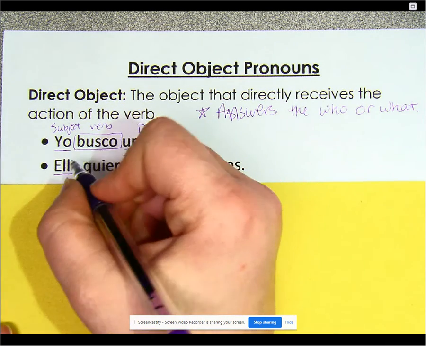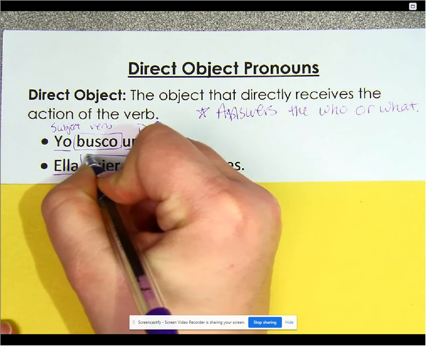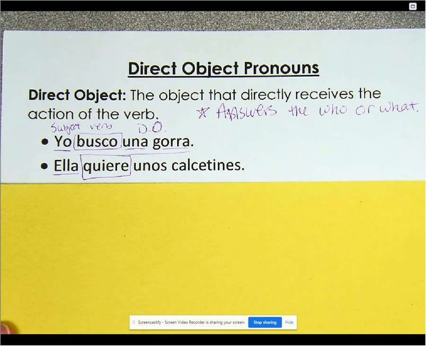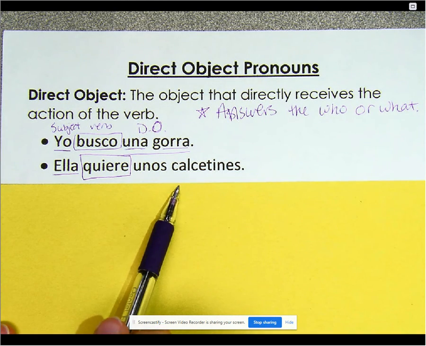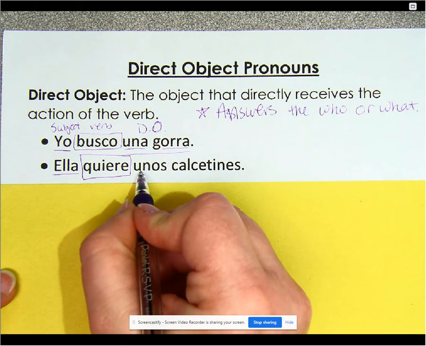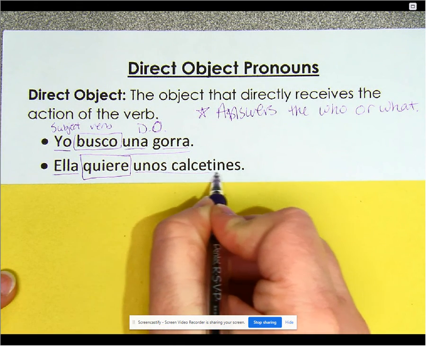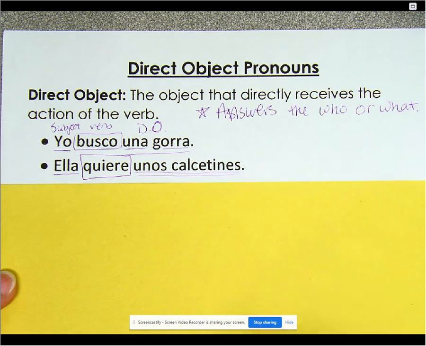Awesome. What is quiere? She wants. Good. Unos calcetines. She wants some socks. So what does she want? Unos calcetines, which means unos calcetines is what in the sentence?